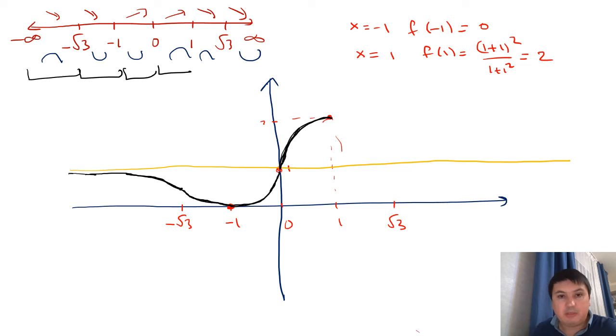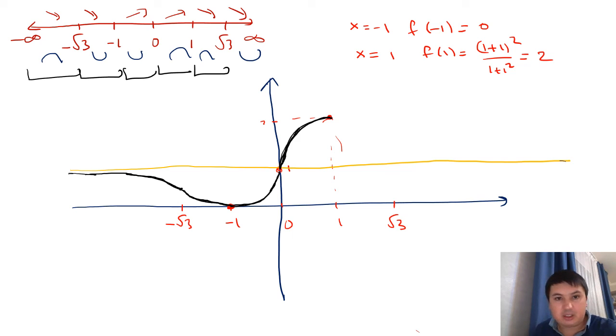What next? Between 1 and square root of 3, it is concave down and decreasing. In fact, from 1 to infinity, it is decreasing. So from here onwards it decreases, but it needs to approach the asymptote, and I don't want to pass it.